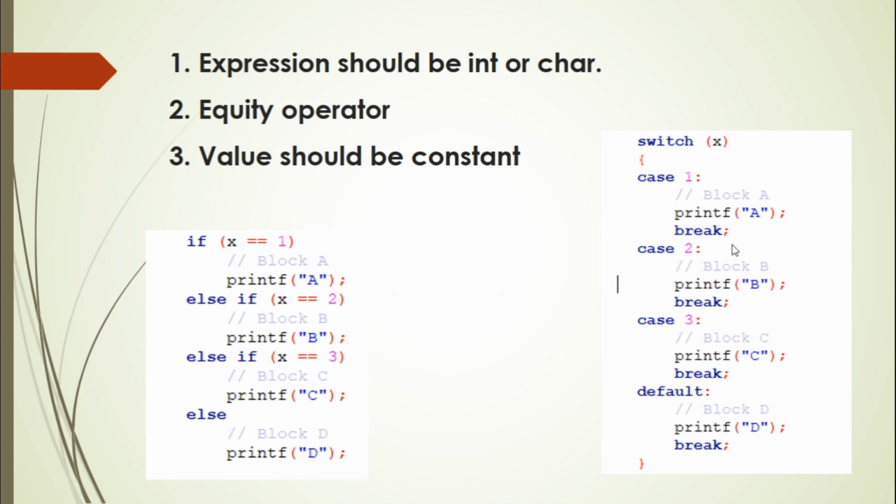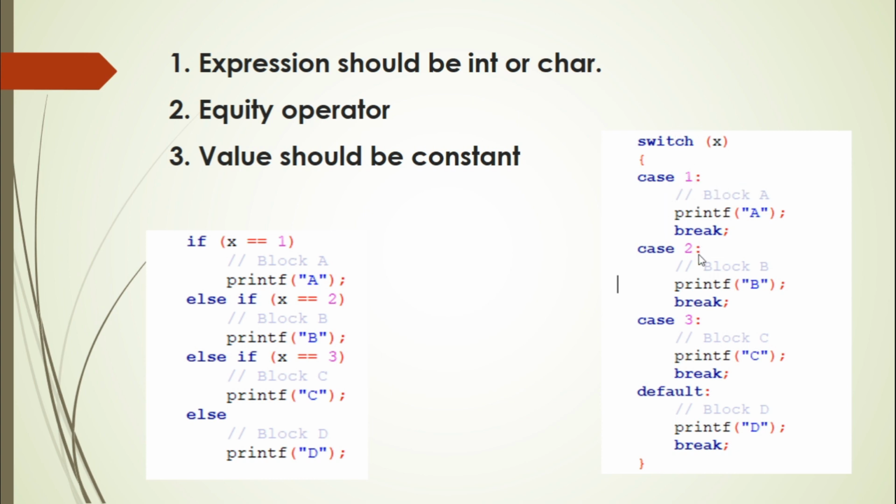I will not leave this case until I reach a break or a closed curly bracket. So case 1, printf A, then break, so I will go to the closed curly bracket and continue my work.